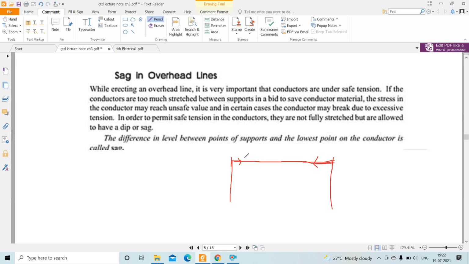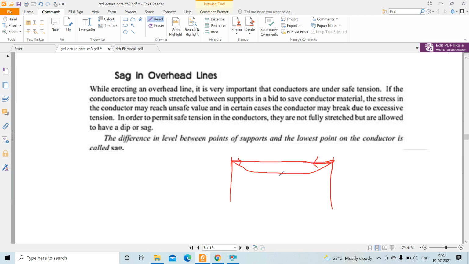So instead of stretching this conductor fully to save conductor material and conductor size, we need to allow it to have a dip or sag. Now the conductor is erected like this.